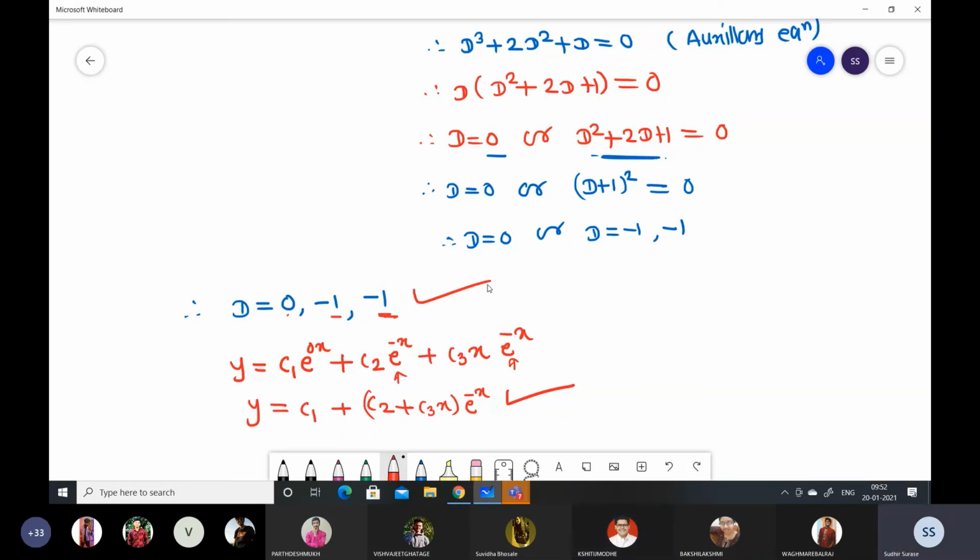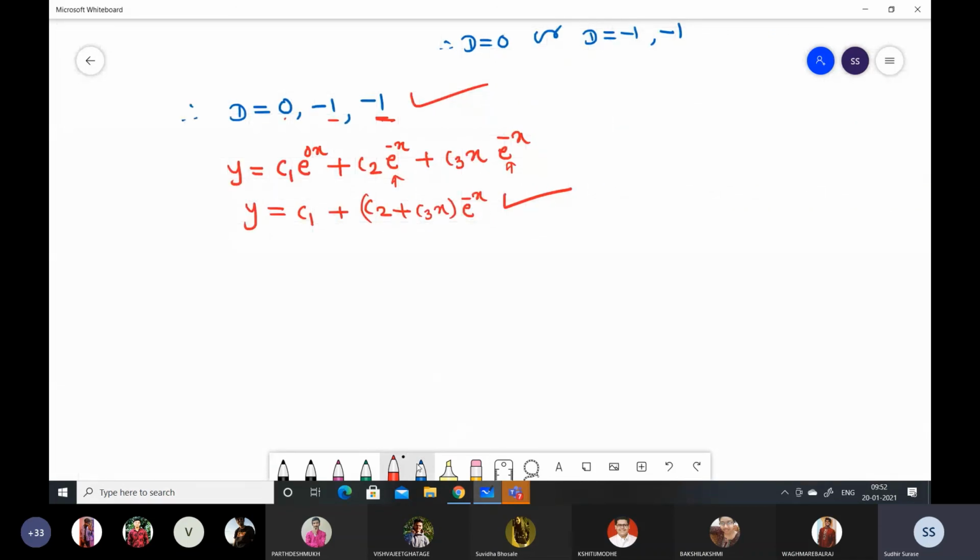Clear. Right? So let me give you some roots, and I want to ask you directly the complementary function. Of course, you have to find the roots and do the whole process, but let me check whether you understand this or not. So for example, if I have roots d is equal to 1 comma 2 comma minus 1, now directly tell me the complementary function corresponding to these three roots.